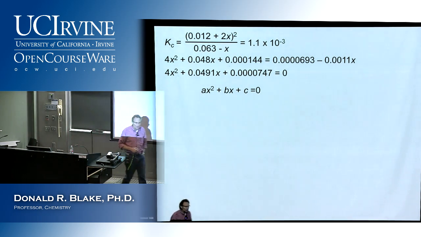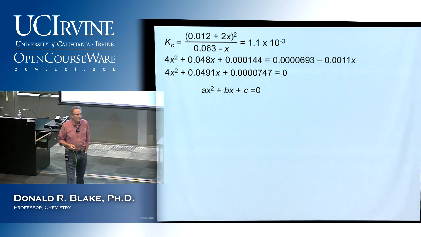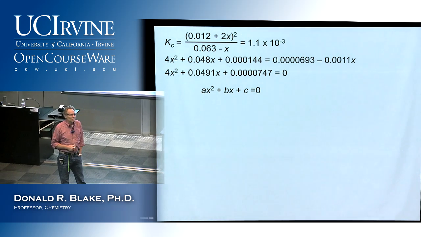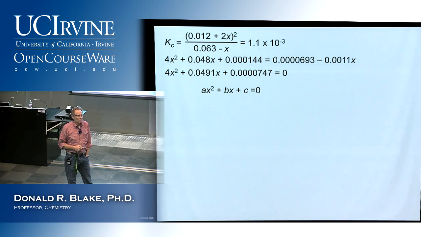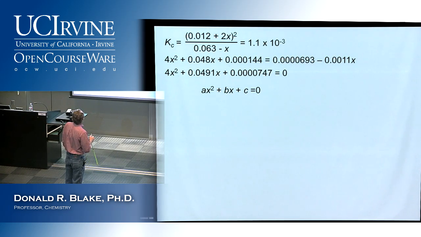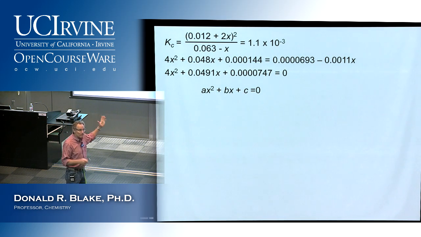Folks, if you get this far on an exam, yes? That should be, well, because, no, because we said the other side was a minus. That's what I said, it doesn't matter.